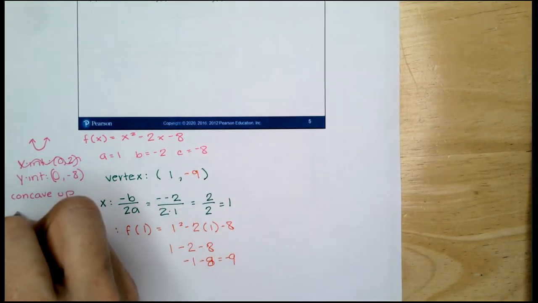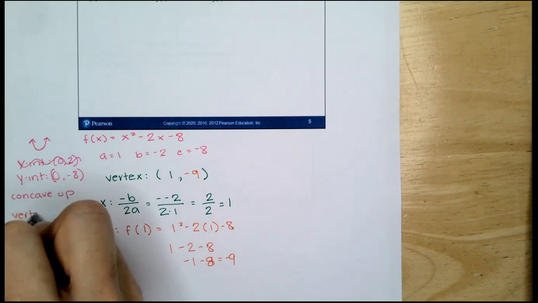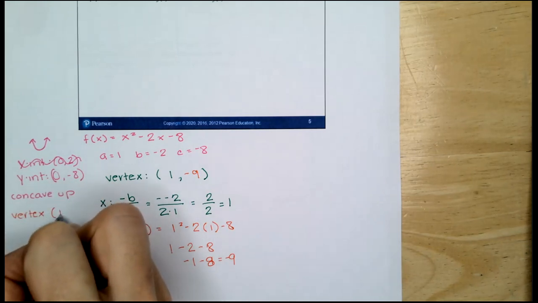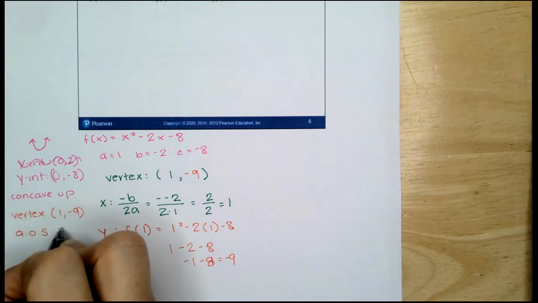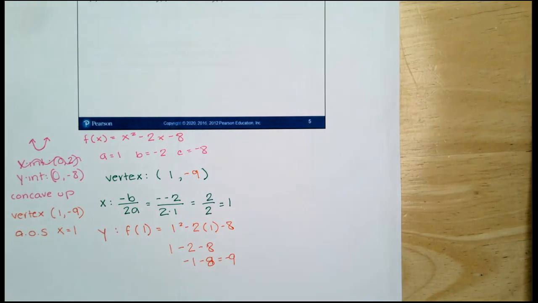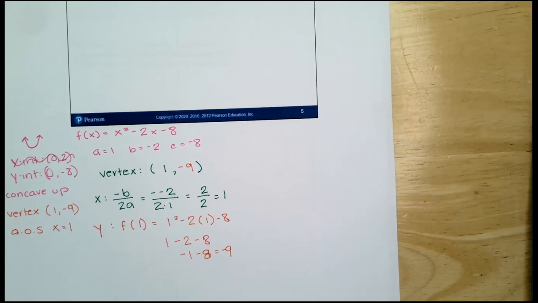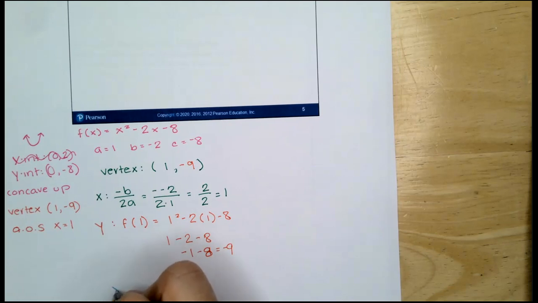So that means our vertex is 1, -9. Our axis of symmetry is x equals 1. And our y-intercept is 0, -8. Good. We are going to need, we know, our x-intercepts.